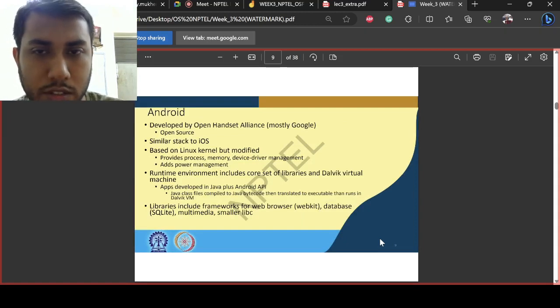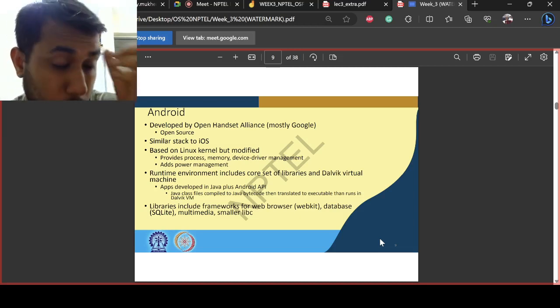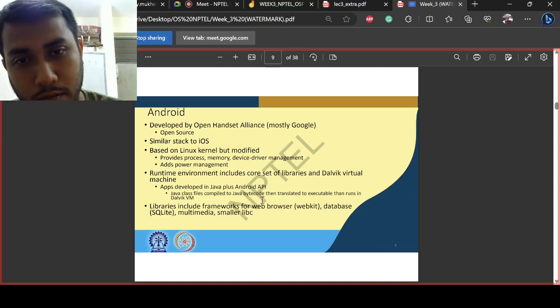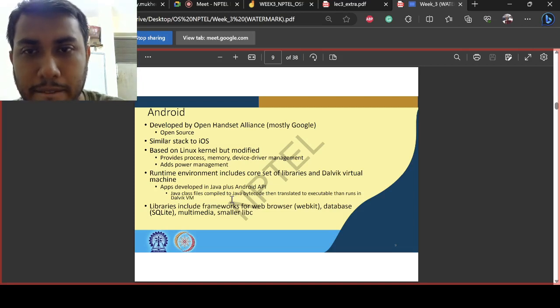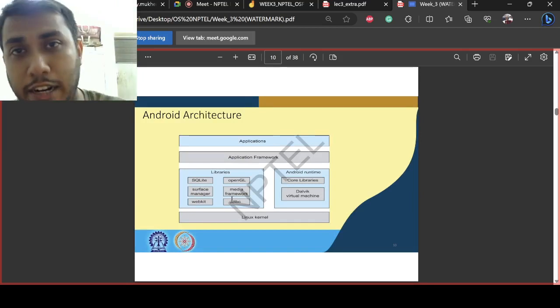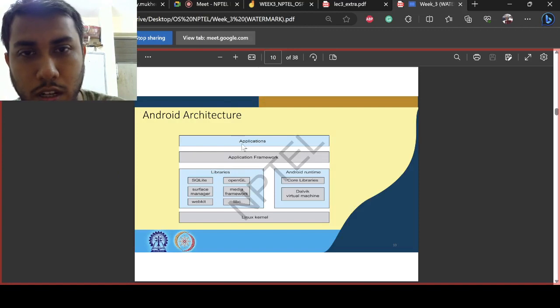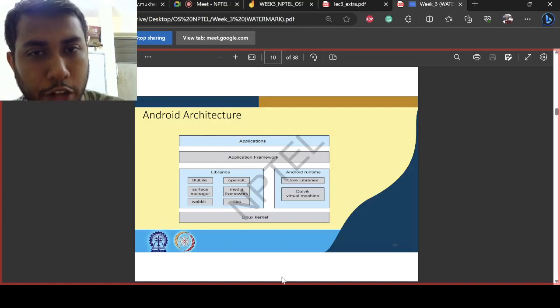Then you have OSes like Android, which is based on the JVM. So it uses the Java framework, Java virtual machines. This is your typical Android architecture. If any of you are interested in Android programming, you will be familiar with this architecture: application framework, libraries.